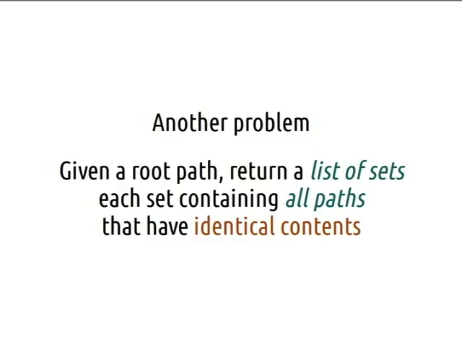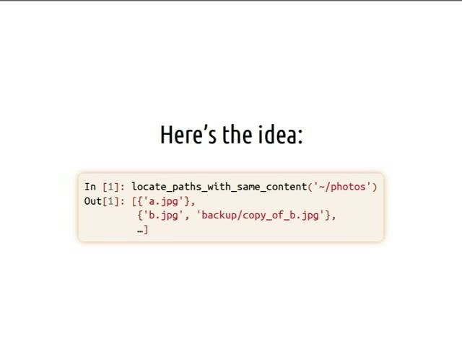Here's the second. This was a problem I stumbled on recently. Given a root path in a file system, return a list of sets where each set has all the paths that have identical contents. Here's the idea. You pass it home photos, and it gives out a list.